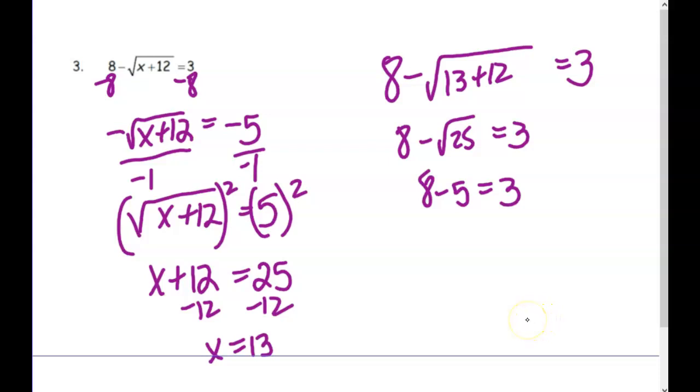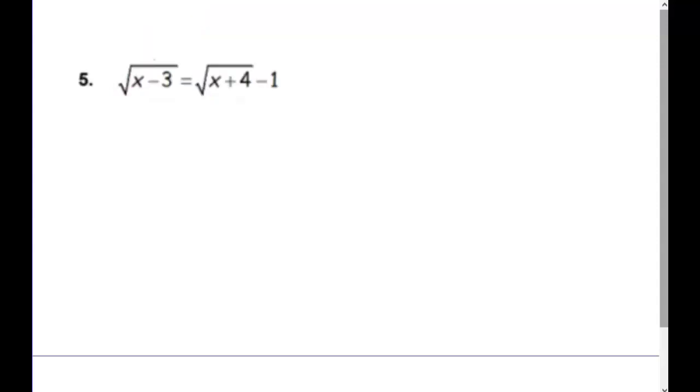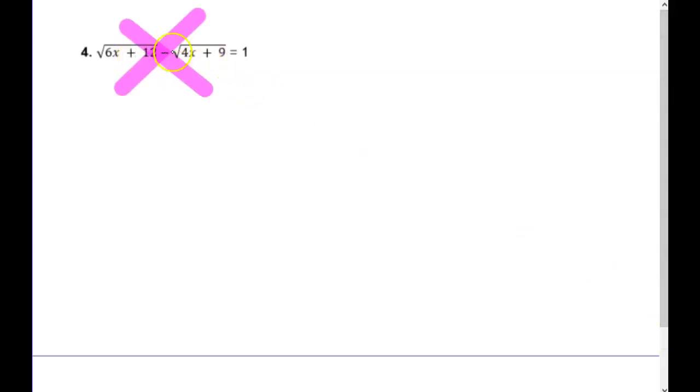Okay. Anybody lost yet? Good. We're on a roll. Number 4, I'm going to lose altogether. It's just disgusting, and I'll show you why it's disgusting in a second, because we're going to do a little easier version of it. Number 5 is the same kind, because there are 2 radicals and something not in a radical, okay?